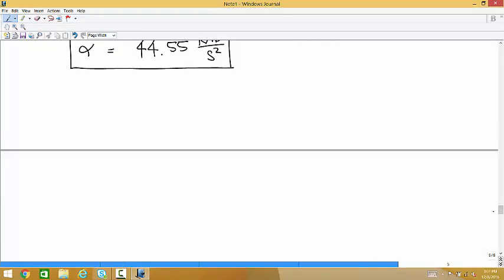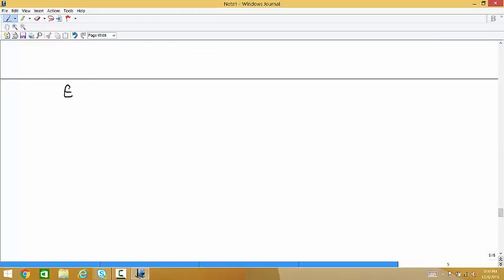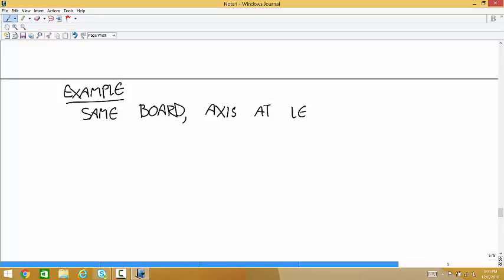Okay, let me do one more example with that same board where the axis is somewhere else. So let's say it's the same board, but now the axis is at the left end.